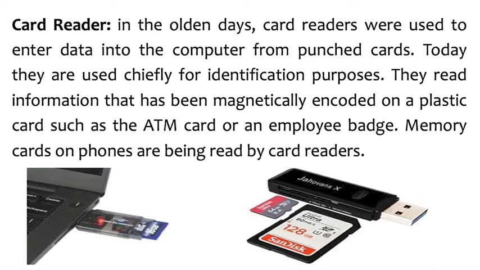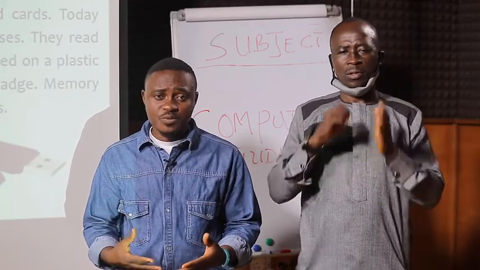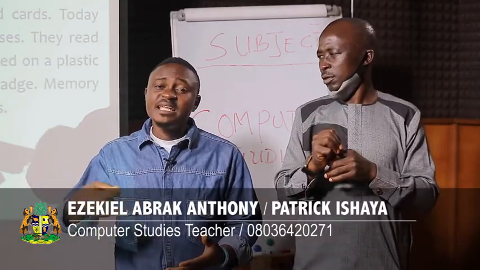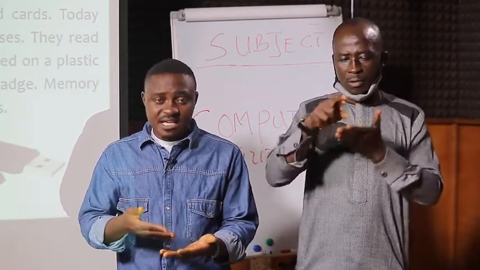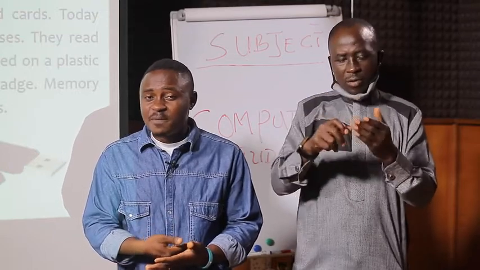Memory cards on phones are being read by what? Card readers. So we have typical examples. We have your ATM cards. In the ATM machine, there's a card reader that reads what? The information that is embedded inside your ATM card.